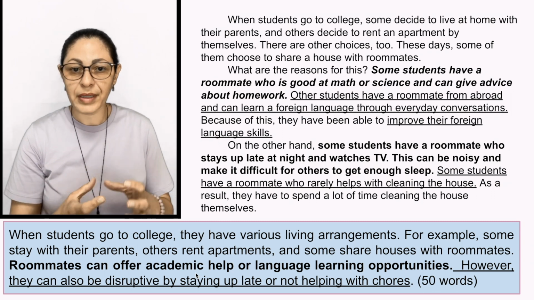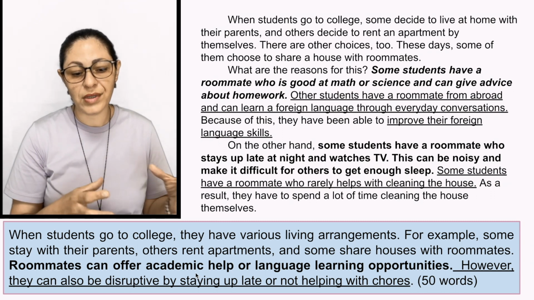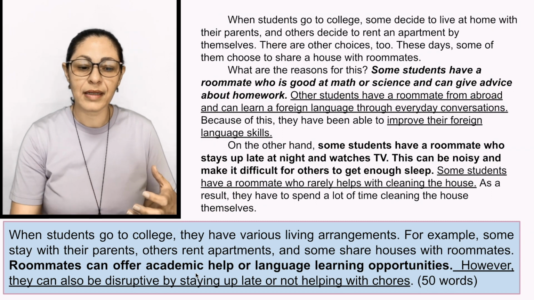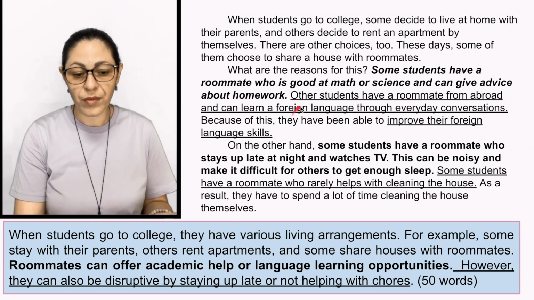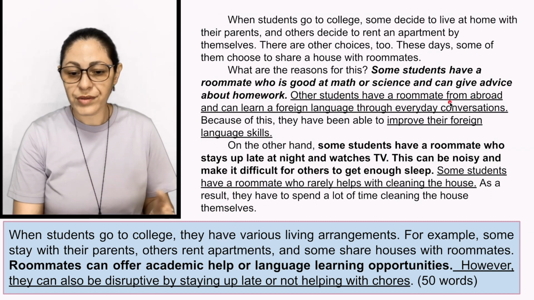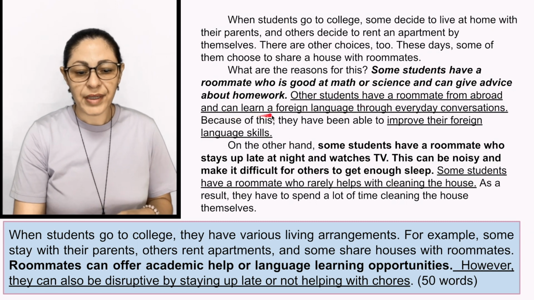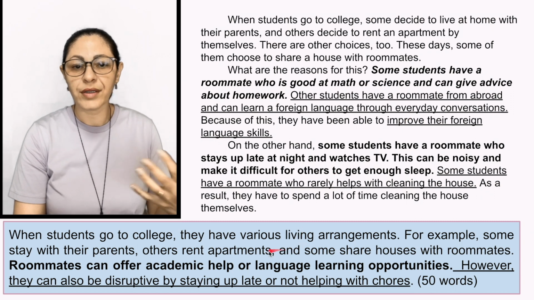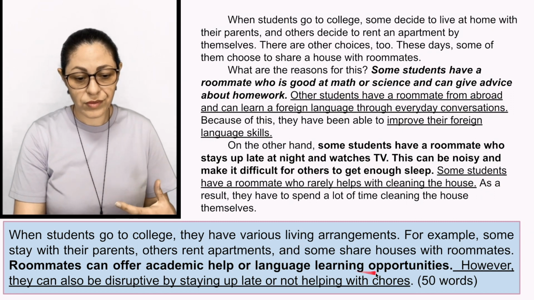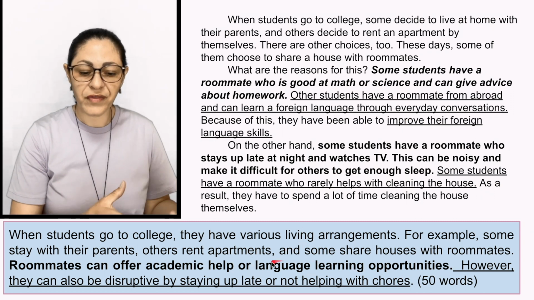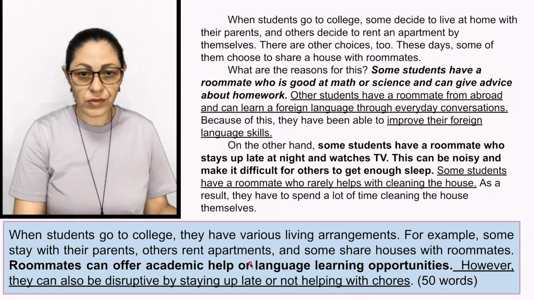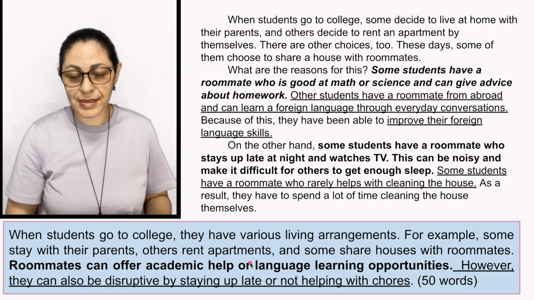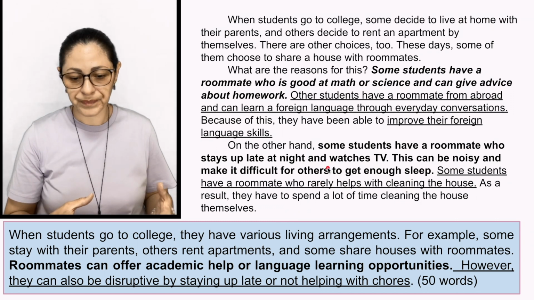Okay, so I replaced the subjects and I used academic help because it says that they can help you with homework. And it also says that you might have a roommate who speaks a foreign language and then you can learn from that roommate. So I used that it will also provide you with a language learning opportunity. I don't have to give many details because this is a summary.